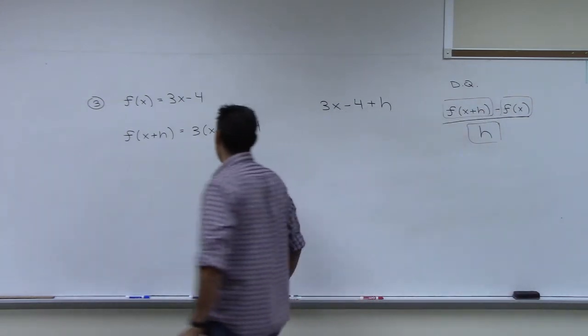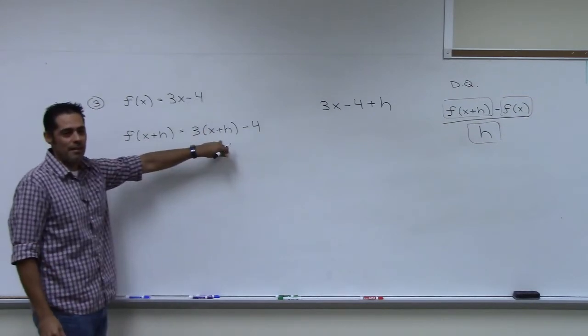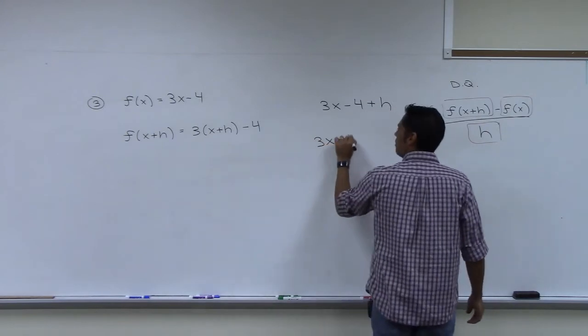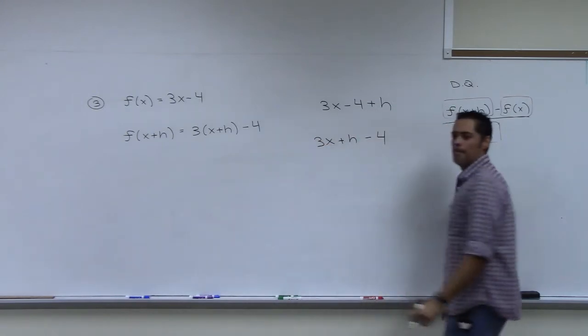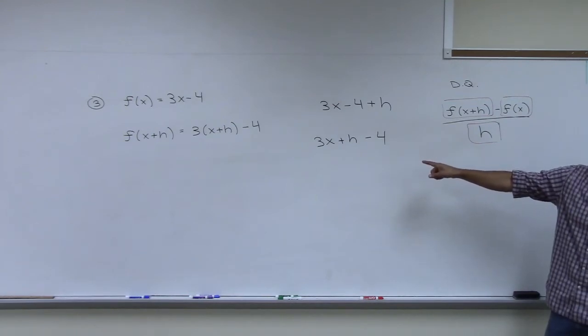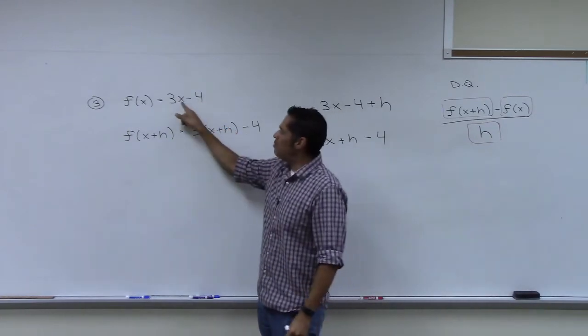All right, this is the correct way to do it. You're replacing x with x plus h, right? How about this? Who's going to do this? Any volunteers to do that? What's wrong with this? Yeah, that 3 is multiplied times whatever you put here, right?